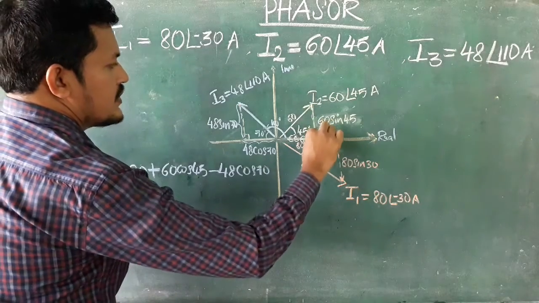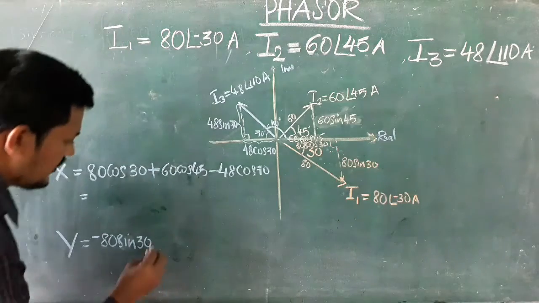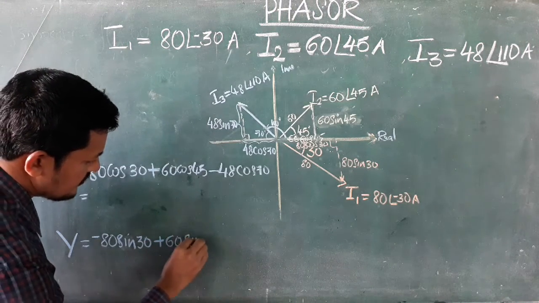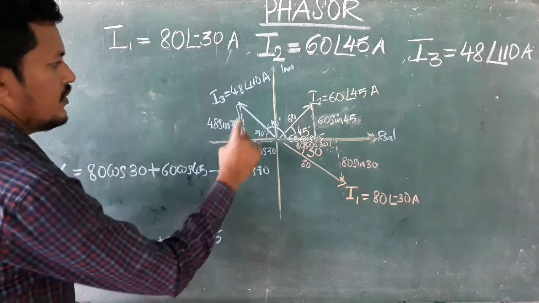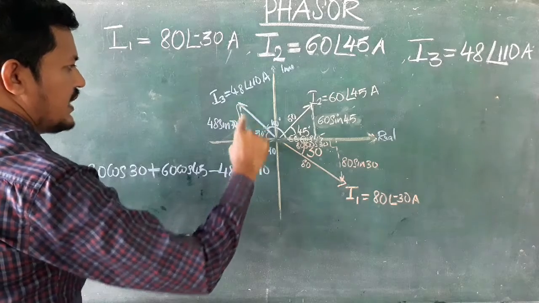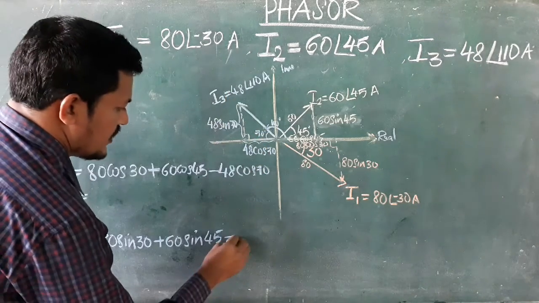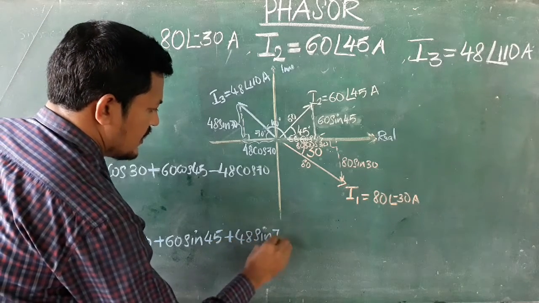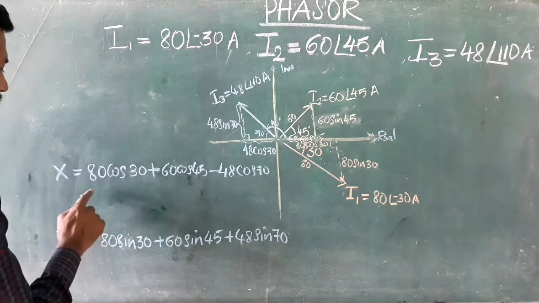Again for I2, the same positive direction, so 60 sine 45 plus 60 sine 45. Again it is also the same direction, 48 sine 70 plus 48 sine 70. This is the value. Clear?